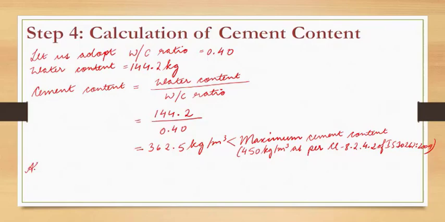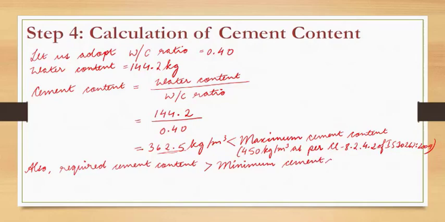So we can write down also required cement content, which is 362.5 kg per meter cube, is greater than minimum cement content, which is 290 kg per meter cube, which we found in step 2.